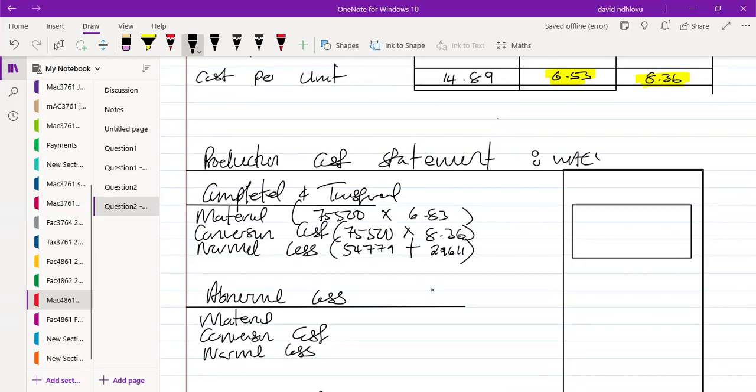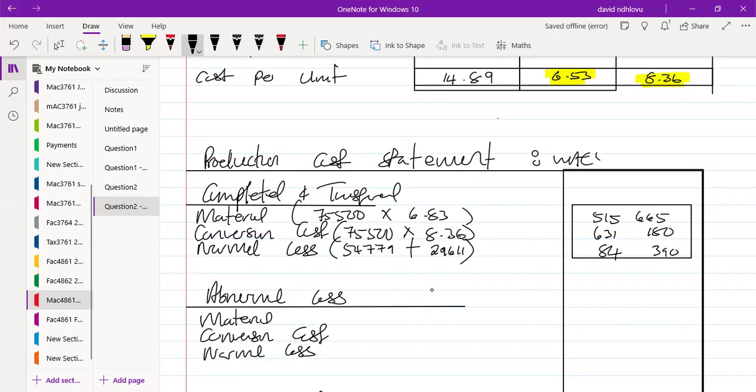So 75,500 by 6.83 will give us 515,665. 75,500 by 8.36 will give us 631,180. 54,779 plus 29,611 will give you 84,390.